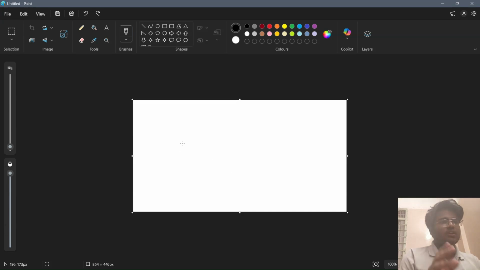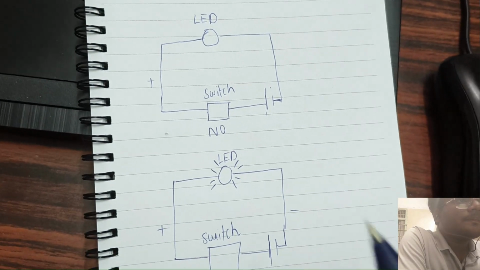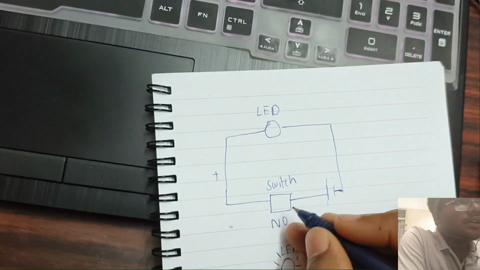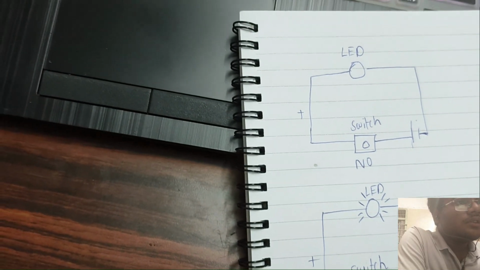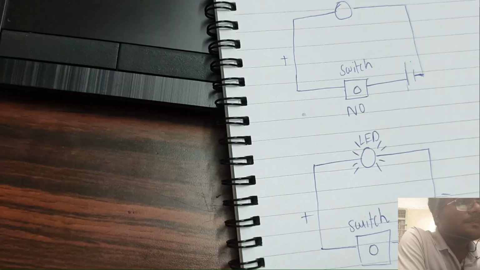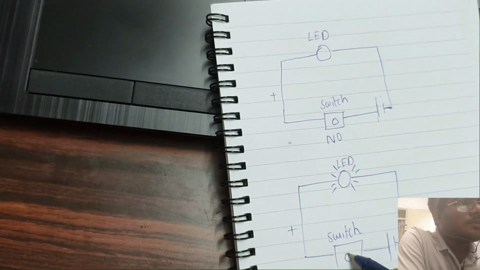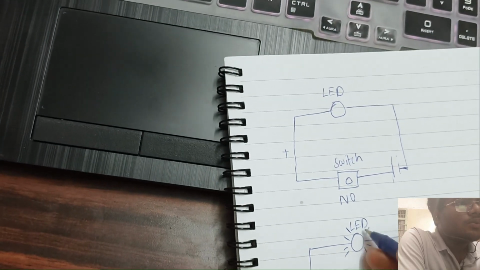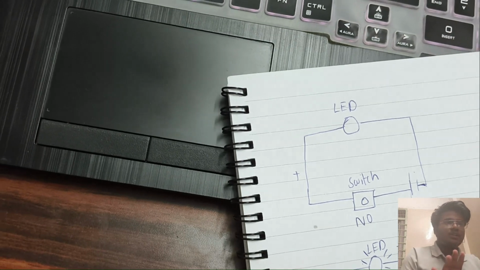Suppose you have an LED with a supply, positive and negative, and a switch to the ground. NO means it will be off normally.